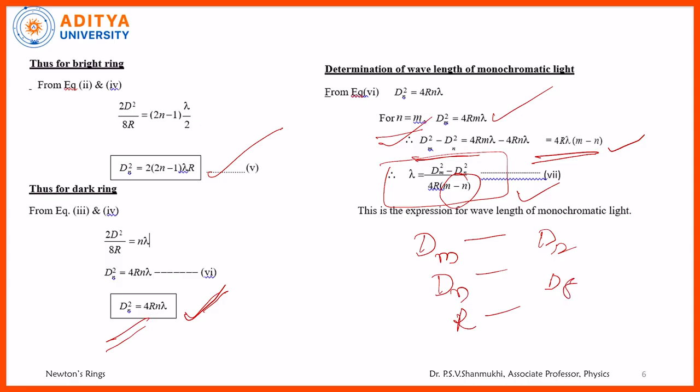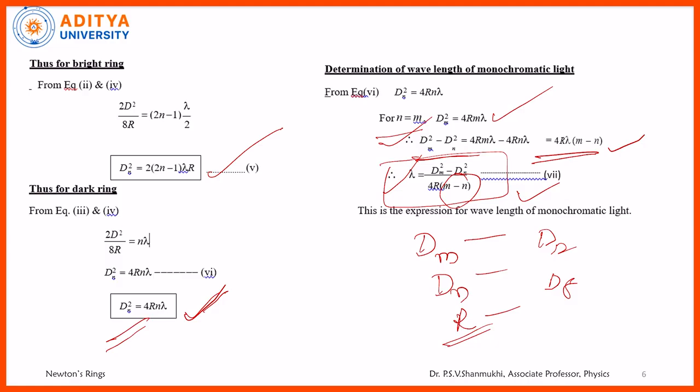What is m minus n? 12 minus 8 is 4. R is given, so you can determine the wavelength of light. The diameters we can determine from the experiment using the travelling microscope. So, using this formula, we can determine the wavelength of the light.